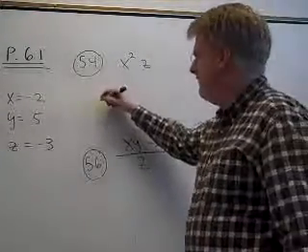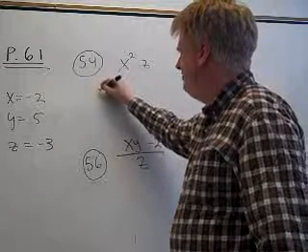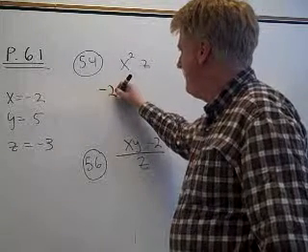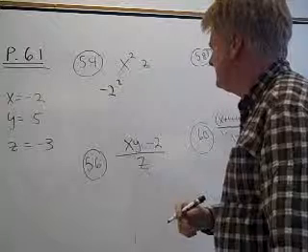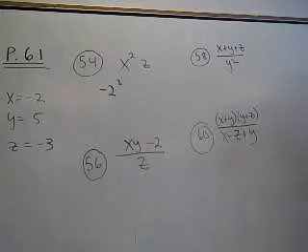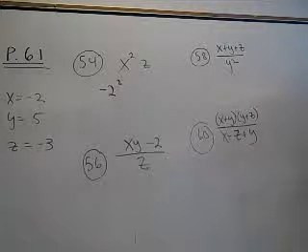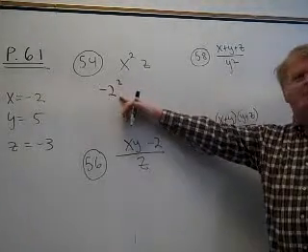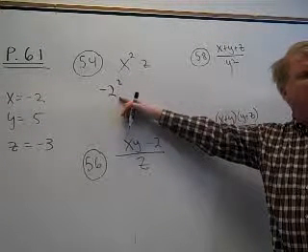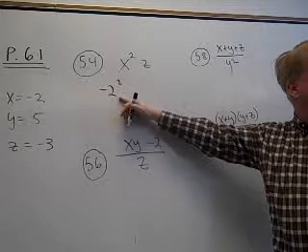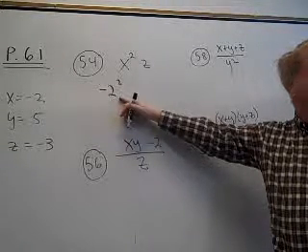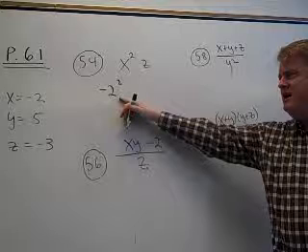In problem 54, we've got -2 squared. Now let's think about that. Let's make sure that's okay. What's being squared in this expression right here where my finger's pointing? Just the 2. Is that what we want? We just want the 2 to be squared?